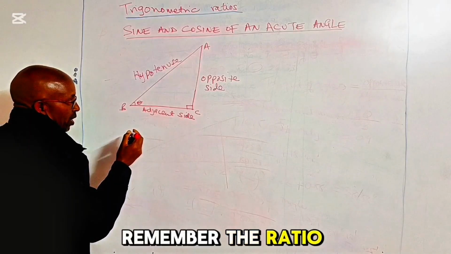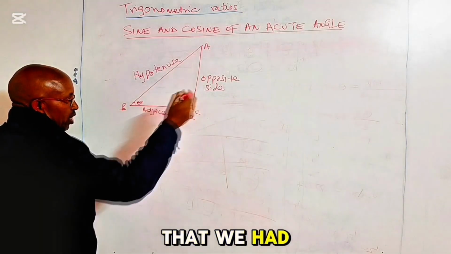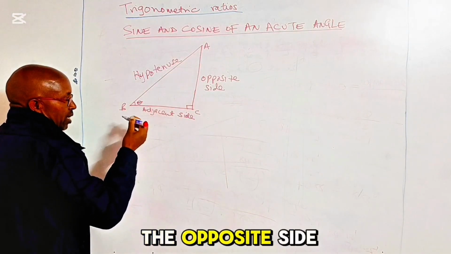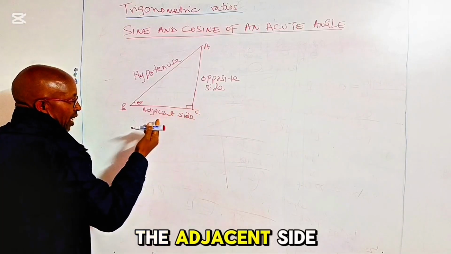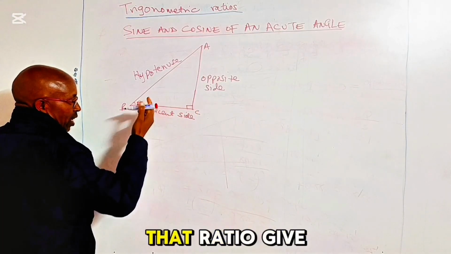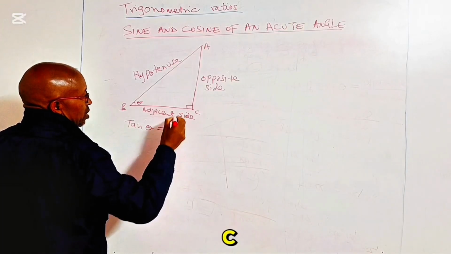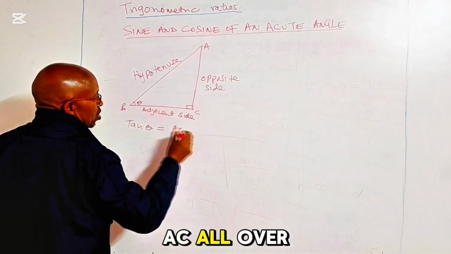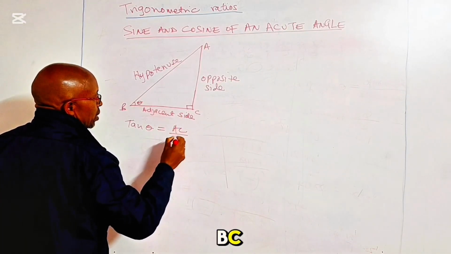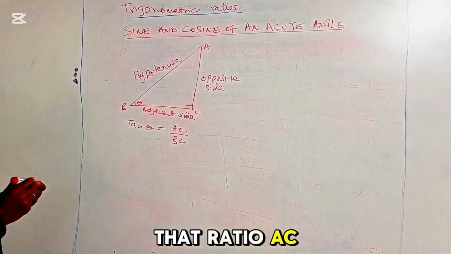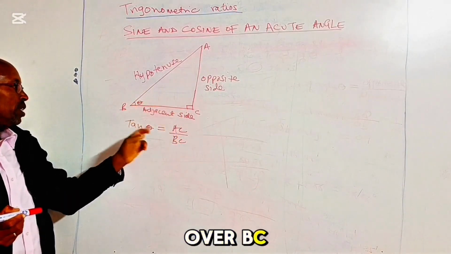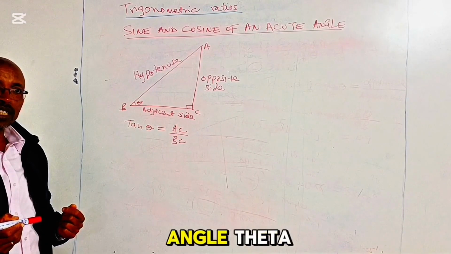Remember the constant ratio that we had, where we had the opposite side and the adjacent side of that angle. That ratio, AC over BC, gives us the tangent of the angle theta.